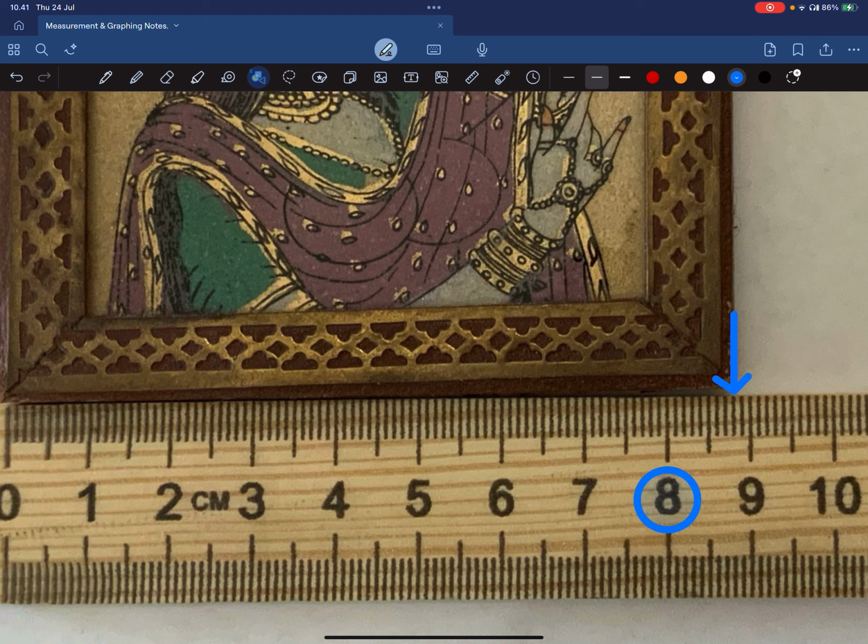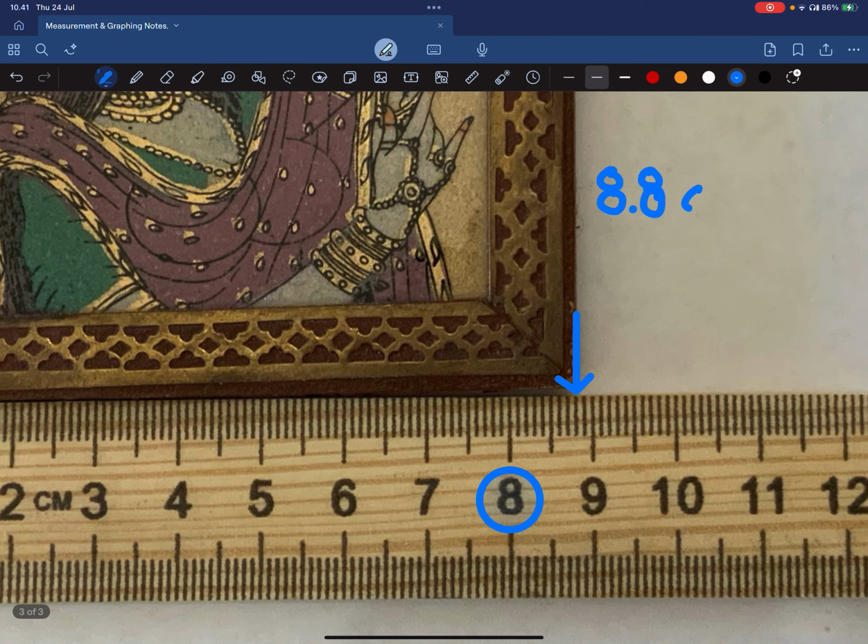The number is 8. And so my measurement is going to be 8 point something. I already figured out that my increment was 0.1. So it's going to be 8.1, 8.2, 8.3, 8.4, 8.5, 8.6, 8.7, 8.8. That's 8.8. And of course, the unit was centimeters. So this placemat is 8.8 centimeters wide.